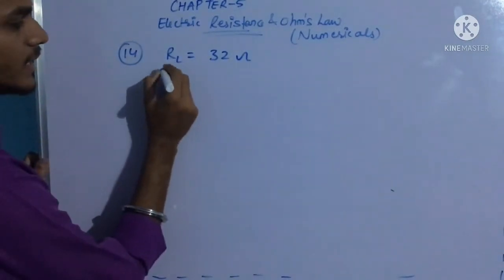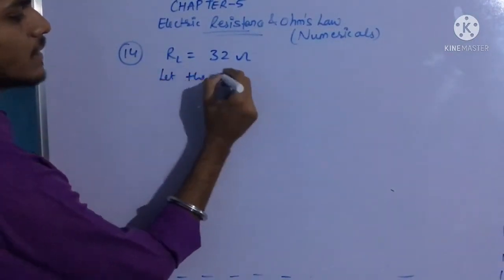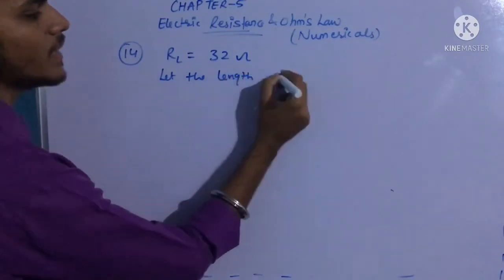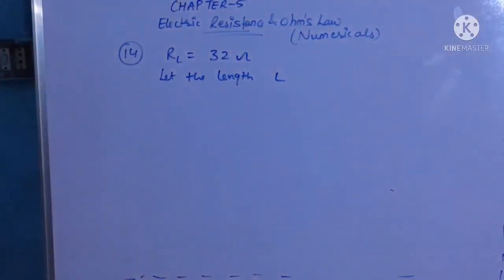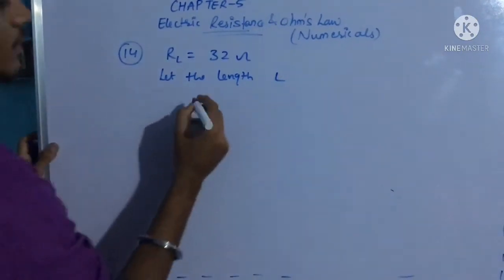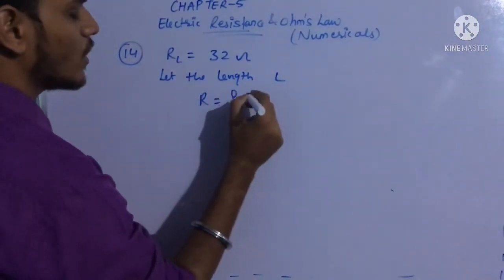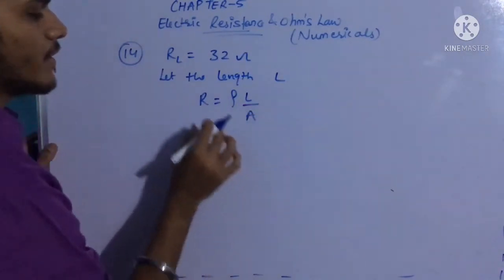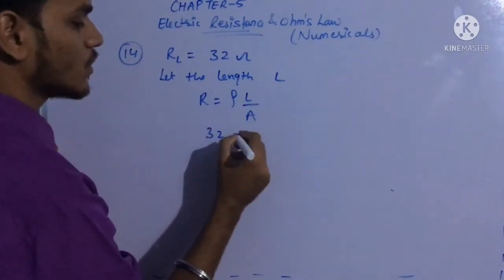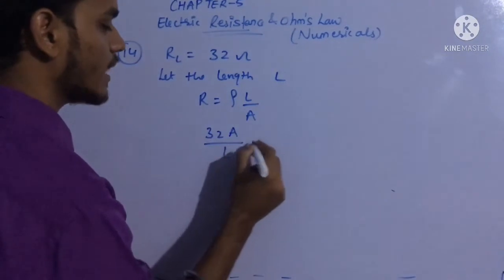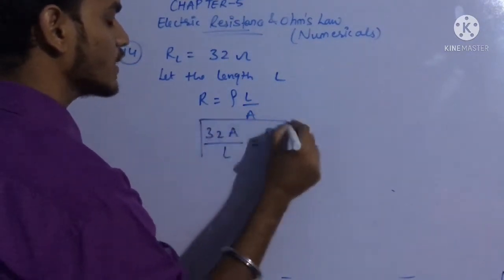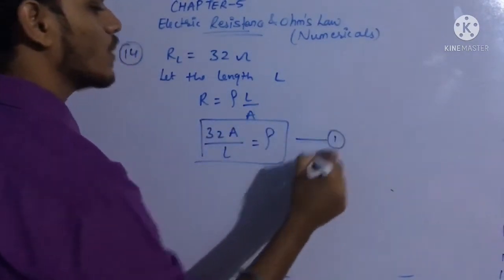Let the original length of the wire be L. From here we find R equals rho L upon A, so 32 A upon L equals rho. Mark this as equation number 1.